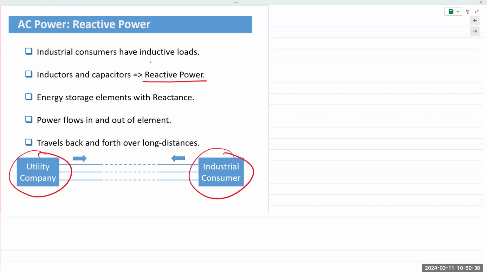And then in the other half cycle, it has to travel all the way back. Make sense? Again, in one half cycle, the inductive load receives the power from the utility company, and in the other half cycle, it sends it back. And when you transmit power over long distances, as we talked about a few minutes ago, a lot of that power is lost as heat.